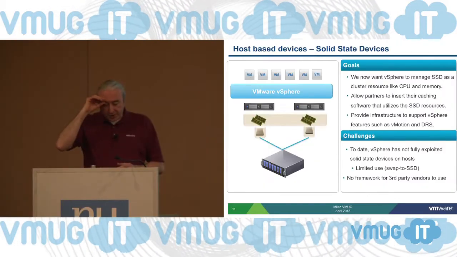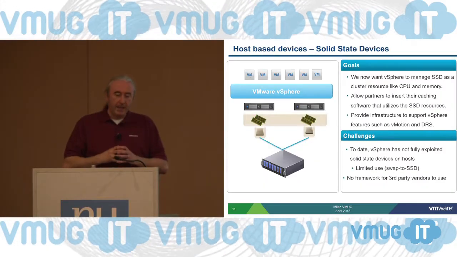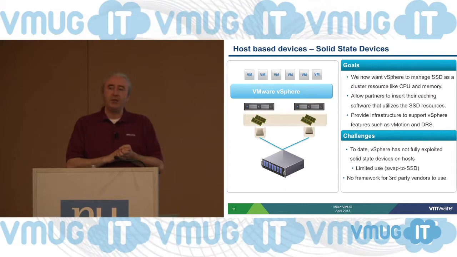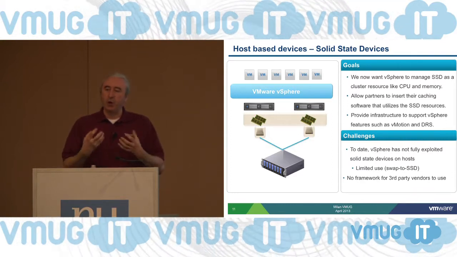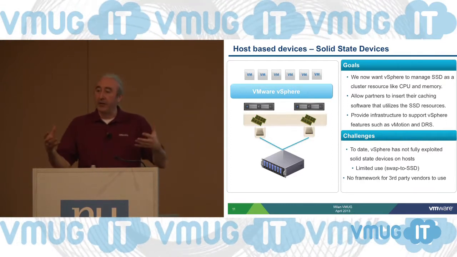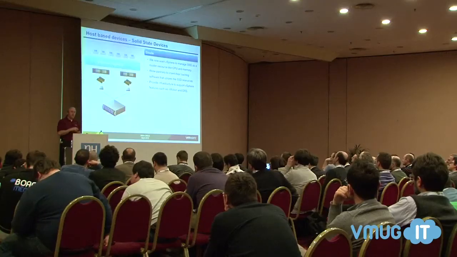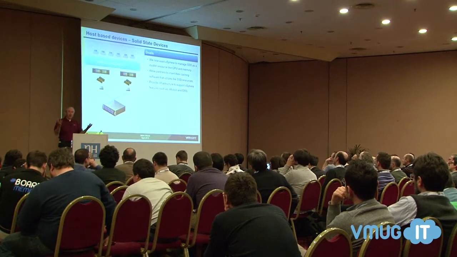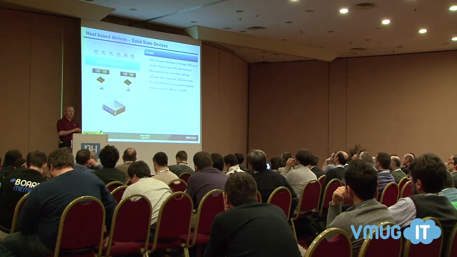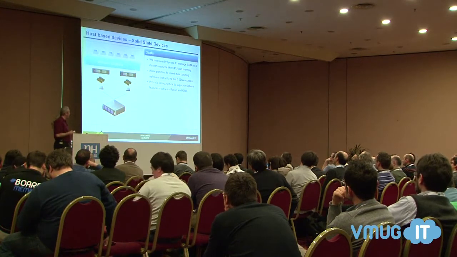So there's a whole infrastructure that we're going to put in place that not just allows us to create our own caching algorithms, but we want to open this up to third parties as well. We want to have a partner program where other flash vendors will plug into the vSphere environment.